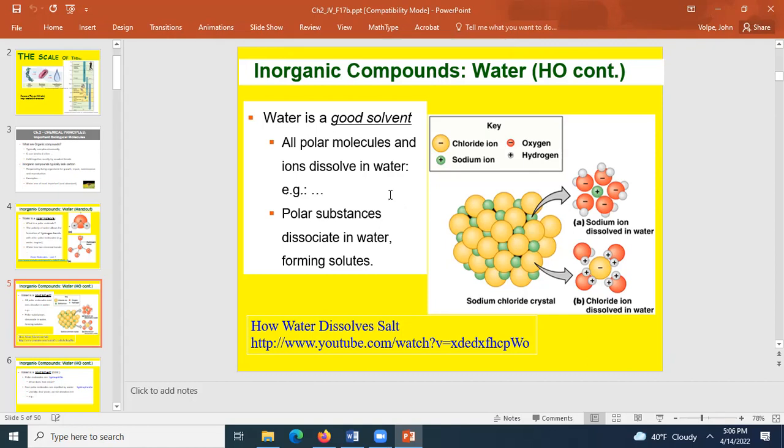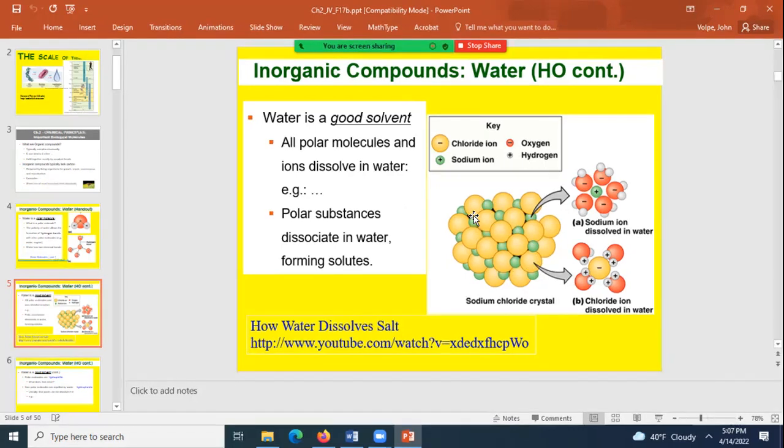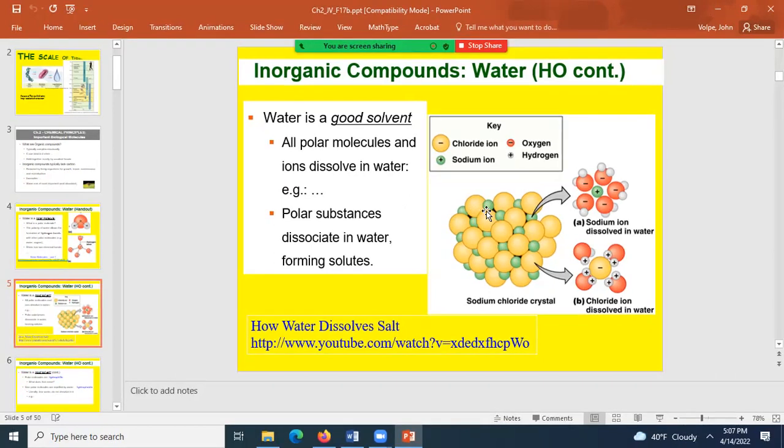become sodium chloride. I'm going to talk about that. And dissolve in the water. This would be a crystal of salt, and the big yellow circles are the chloride ions. The little green circles are the sodium ions.